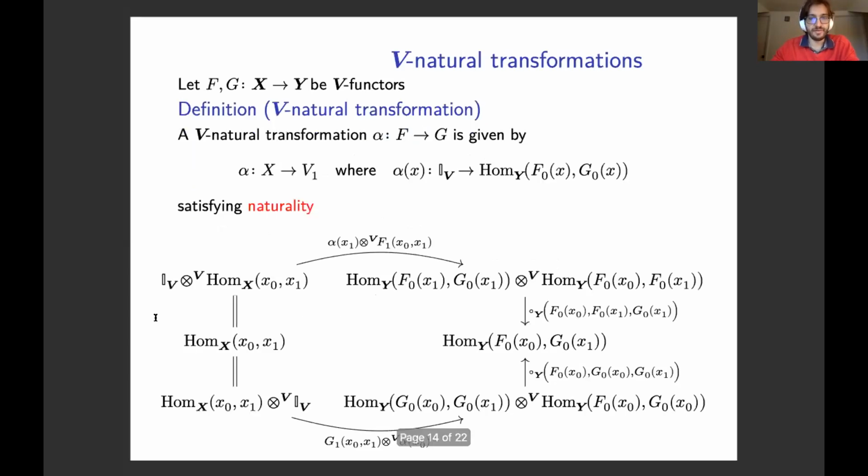So this is all very nice and clean. We also have natural transformations, which again are given by a family of arrows indexed by objects, and this family has to satisfy a naturality axiom.